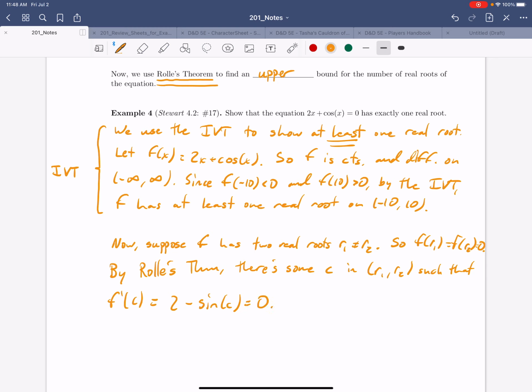And that shouldn't make any kind of sense, right? Because sine is bounded by negative 1 and 1. So there's no way that 2 minus sine of c could equal 0. Right? So you can't have something greater than or equal to 1 that also equals 0.